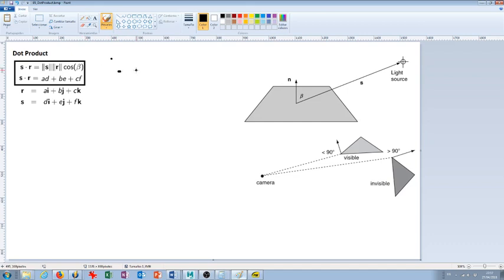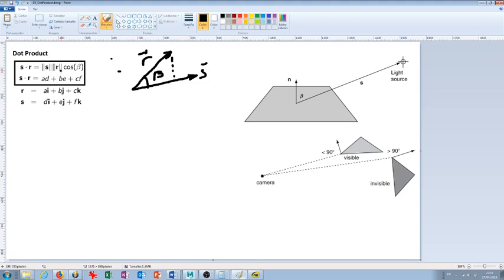For example, this one comes from this figure. We have a vector S and a vector R, and this is the projection of R over S, and here we have our angle beta.